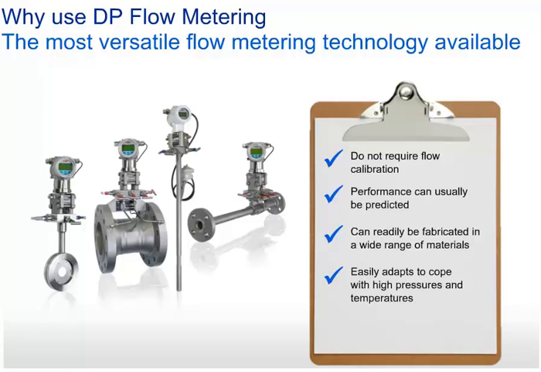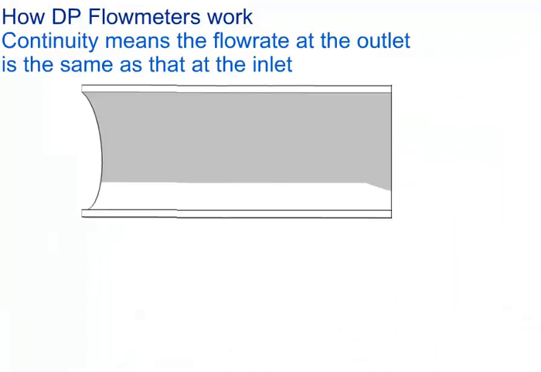Their design and construction is easily adapted to cope with applications having elevated pressures and/or temperatures. The wide range of different DP technologies available means that a DP-based solution exists for the measurement of almost any liquid, gas, or vapor.